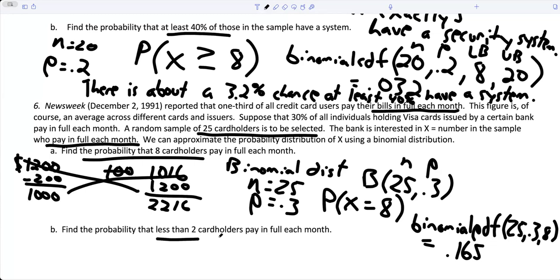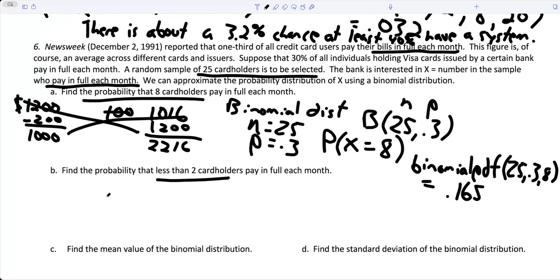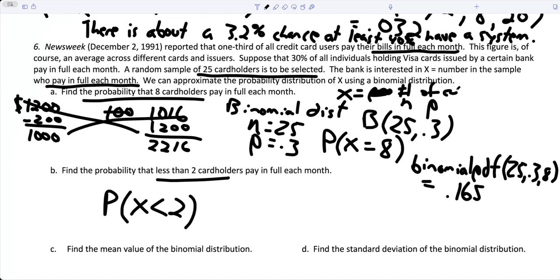Find the probability that less than 2 pay in full each month. Okay, so here we want the probability that X is less than 2. And I didn't define X. X is not the probability, it's the number of customers that pay in full.